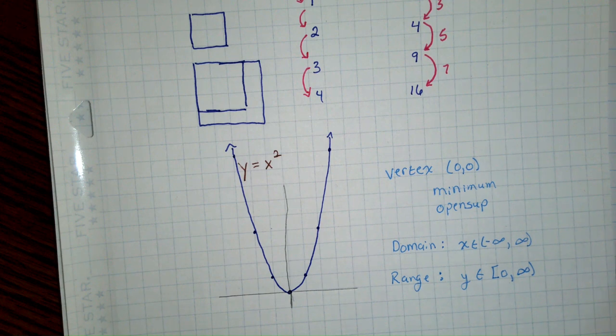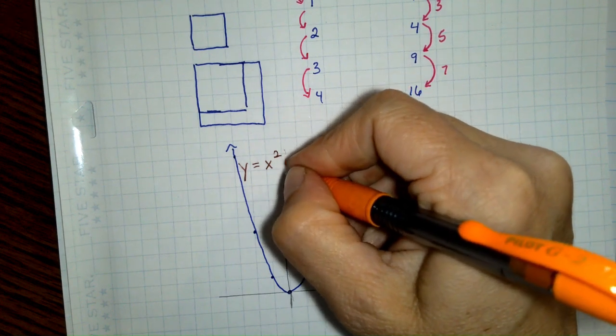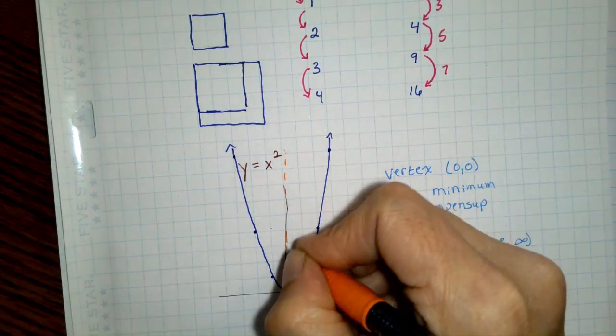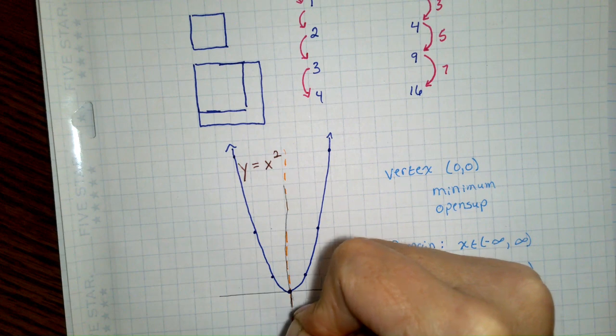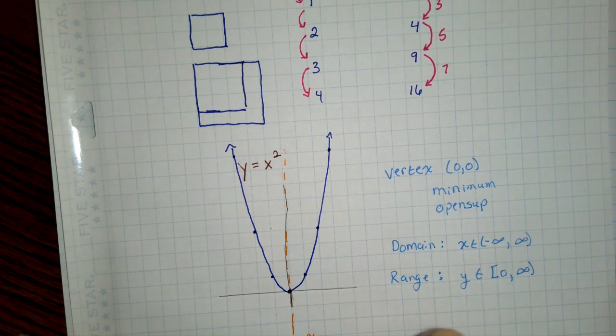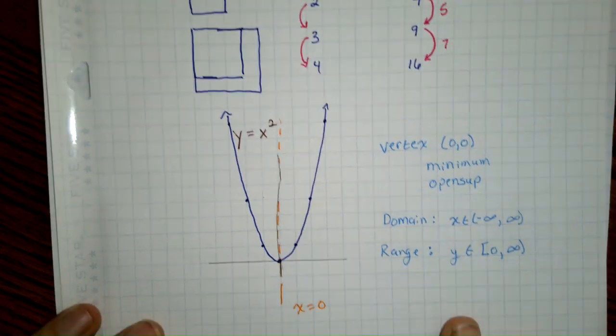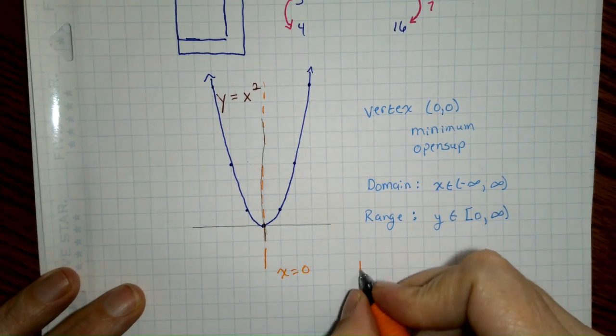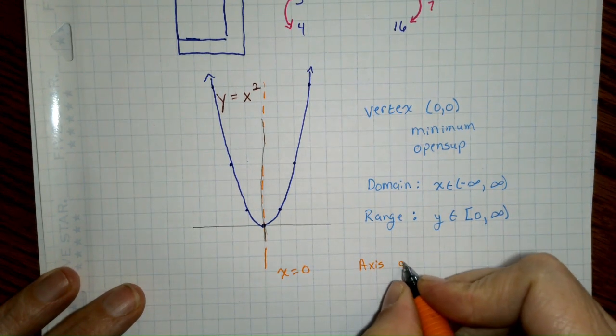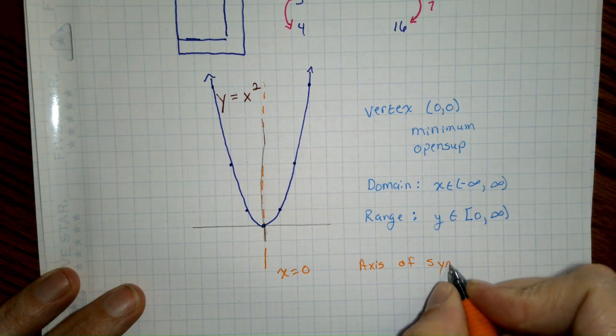In addition to that, we have a fancy little vertical line here. Since it's a vertical line, any vertical line crosses the x-axis. This one happens to touch at 0. X equals 0 is known as our axis of symmetry.